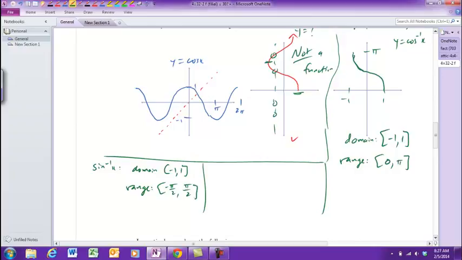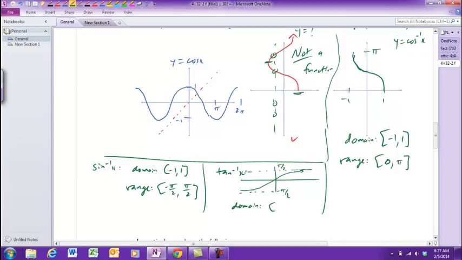And for inverse tangent of x, which, by the way, we've talked about this graph before. It looks like this. It has a horizontal asymptote at pi over 2 and a horizontal asymptote at negative pi over 2.